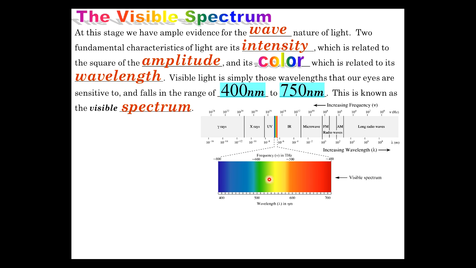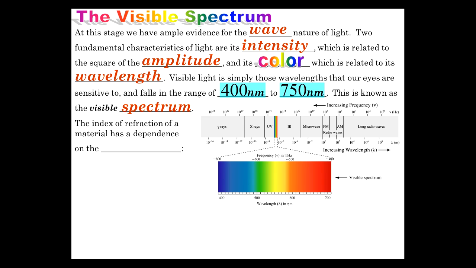Our visible sensitivity would be most sensitized right where the sun is at its peak intensity. Anyway, the sun actually produces ultraviolet and infrared as well, which are shorter wavelength and longer wavelength light. So just to point out that the visible spectrum is really a small part, but that's the part we're most interested in right now.